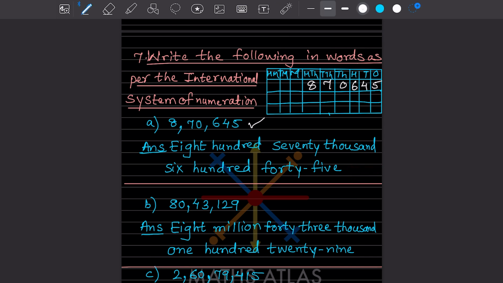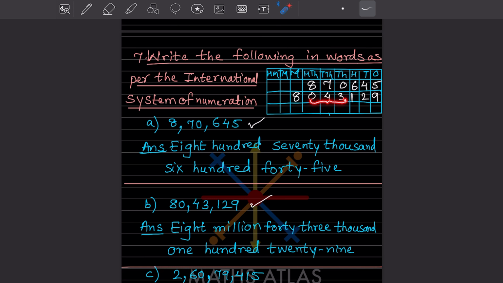What the second one is? Again, the second number, we are going to write it over here in the reverse order. 3, 4, 0, 8. Okay, now what does this say? Where is 8? 8 is in the millions place. What are you going to write here? 8 million. Okay, now what are you going to see? The thousands place. So in the thousands place, what we can see? Just 43. That 0 doesn't make any sense.